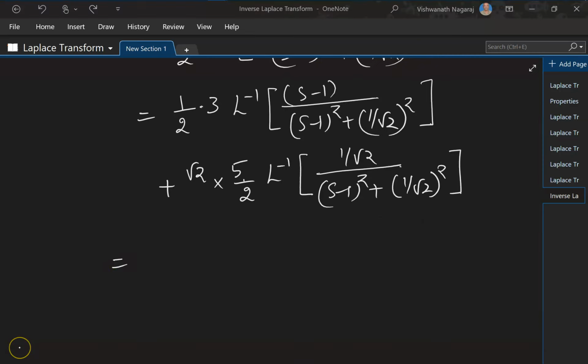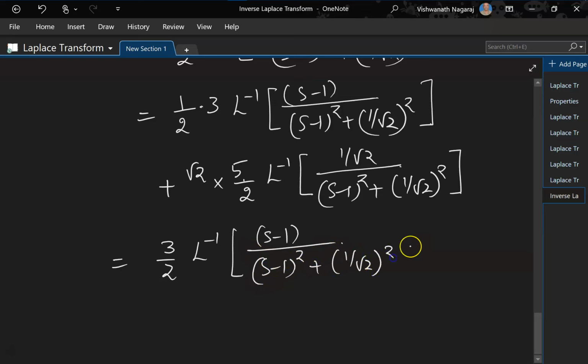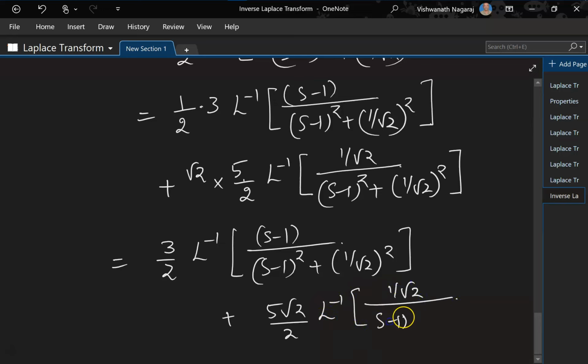Now, let's simplify this. 3 by 2 Laplace inverse of s minus 1 by s minus 1 square plus 1 by root 2 square, plus 5 root 2 by 2 inverse Laplace of 1 by root 2 by s minus 1 square plus 1 by root 2 square.